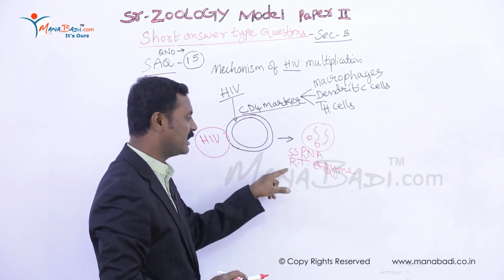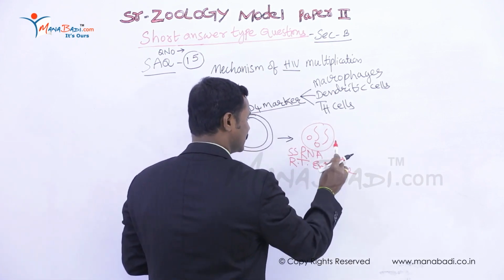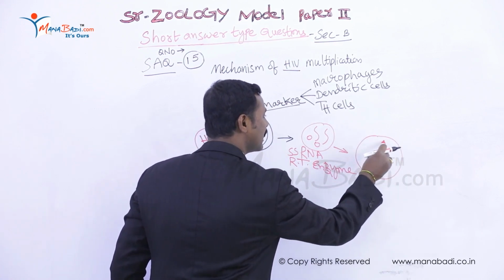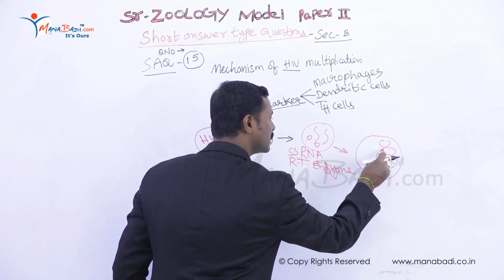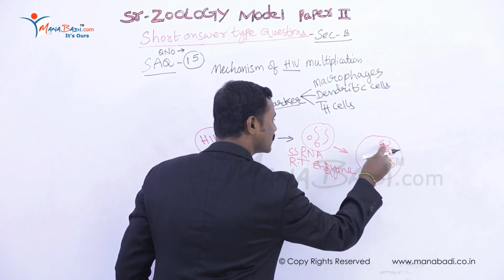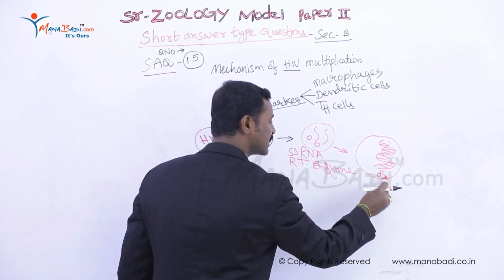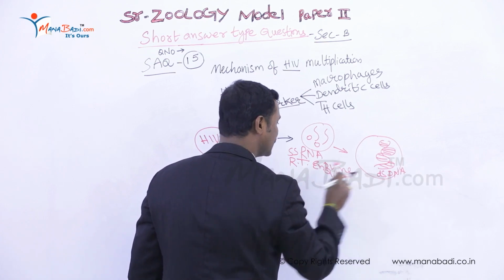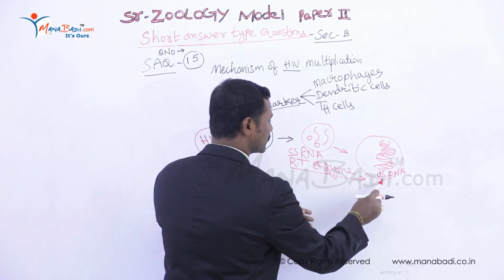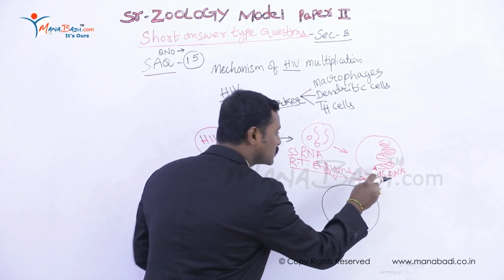Because of this enzyme, reverse transcriptase, the single stranded RNA is going to become double stranded DNA. So now you see, single stranded RNA becomes double stranded DNA with the help of the reverse transcriptase enzyme.